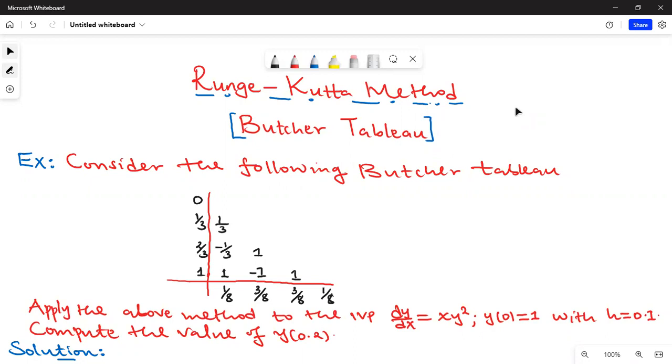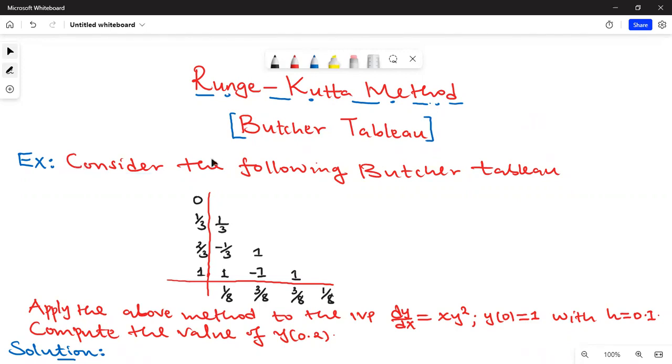Today we are going to look at Runge-Kutta methods, and in particular the Butcher table, a case where you are given a Butcher table and you are supposed to use the Runge-Kutta method to solve any particular initial value problem. Now we have this question.